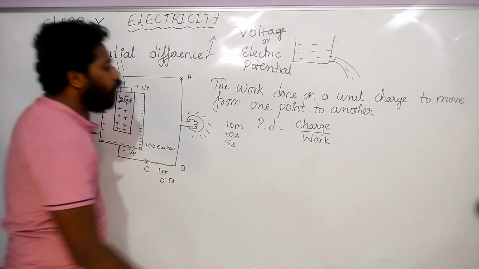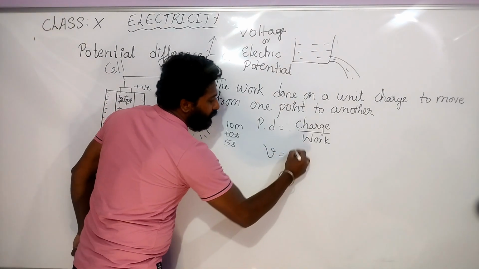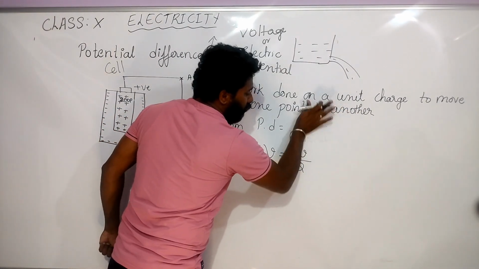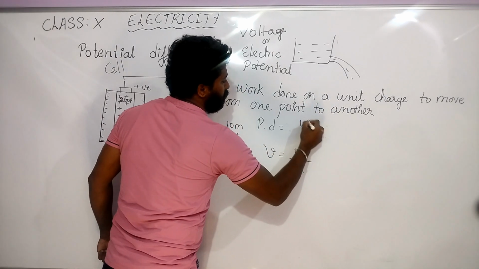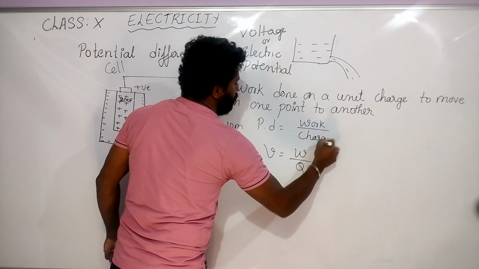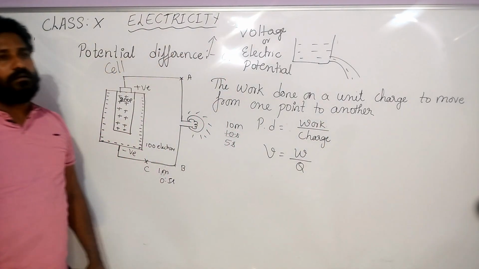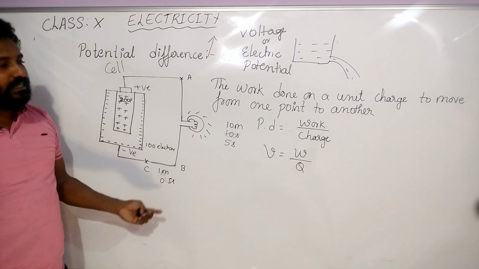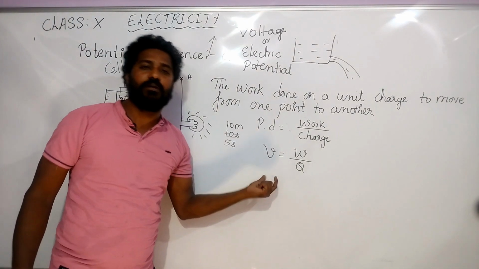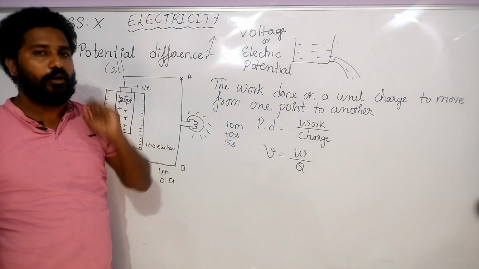Did you understand? So, V is equal to W by Q. Work by charge. Okay. Always remember the formula: V is equal to W by Q.